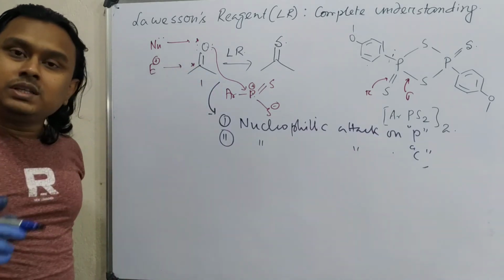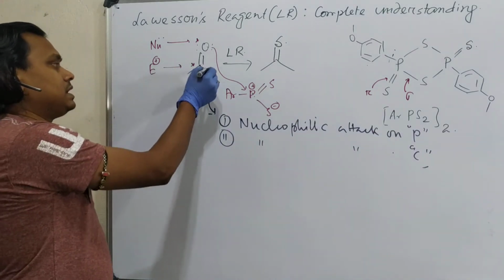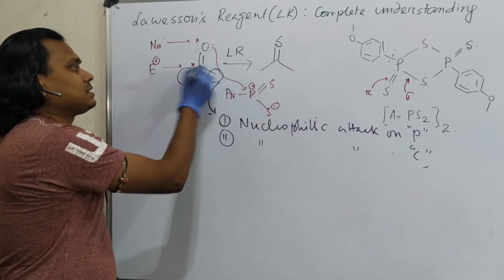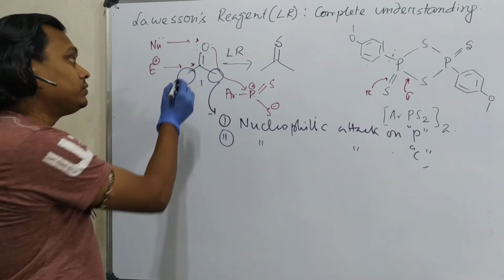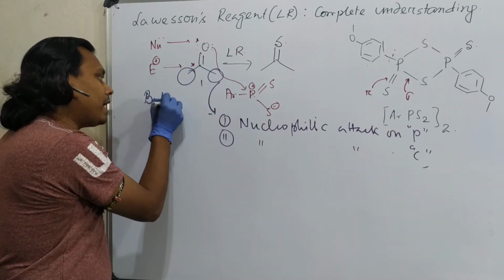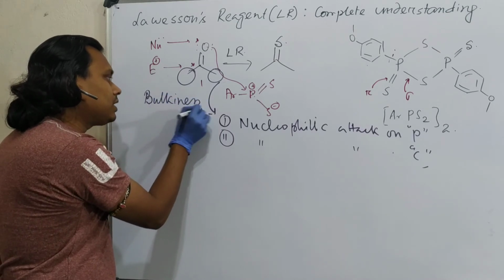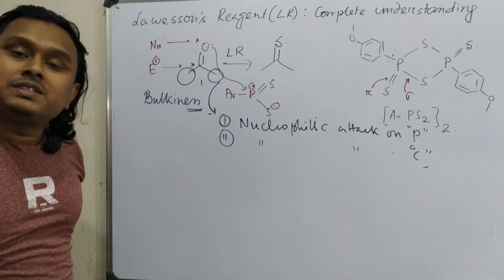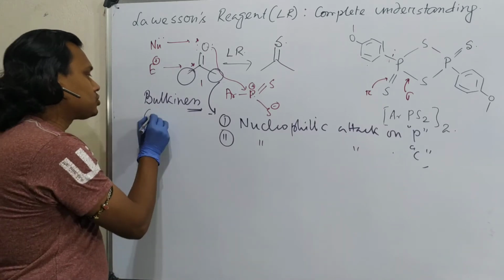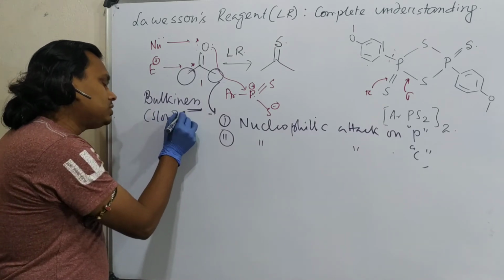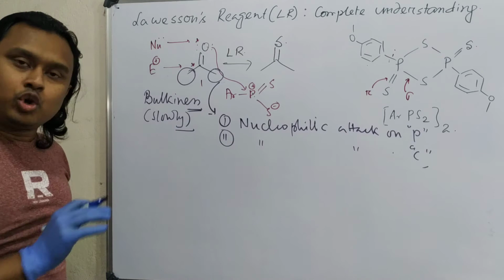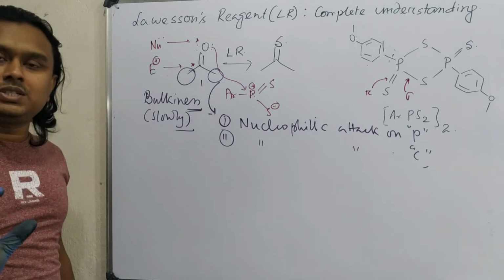So not only the phosphorus center, remember the bulkiness on this is also a matter. If it is more bulky, it is expected that it will react slowly. So these are the 2 factors. Actually, I am not giving you everything in that much detail.